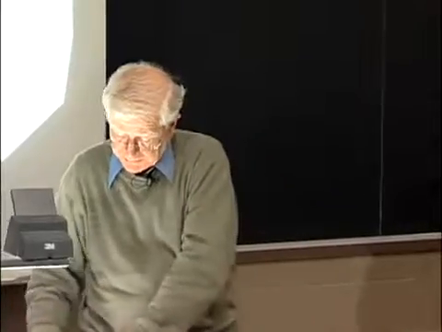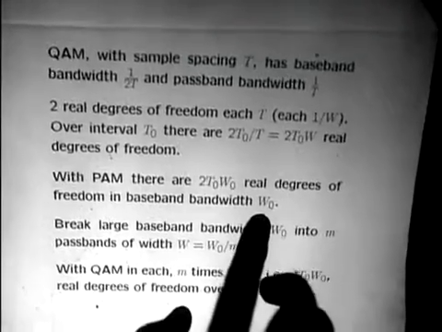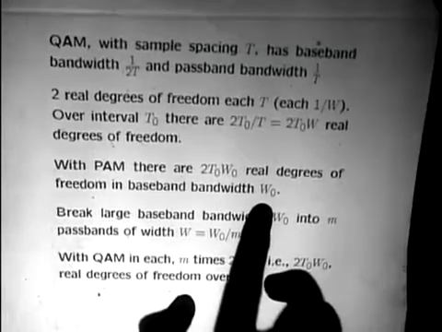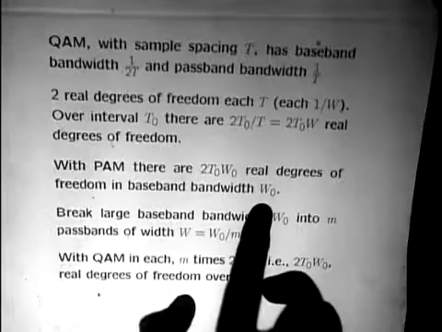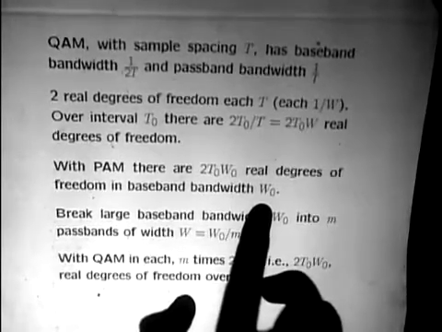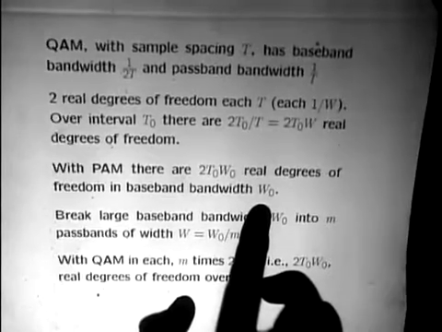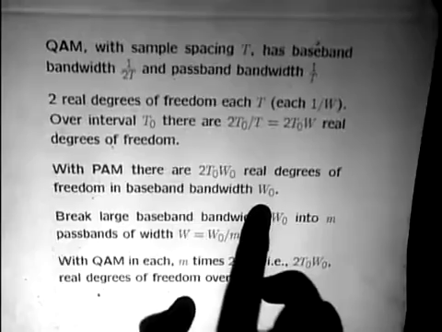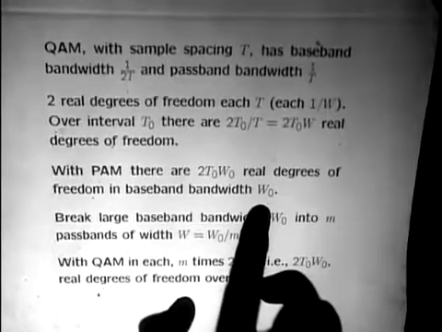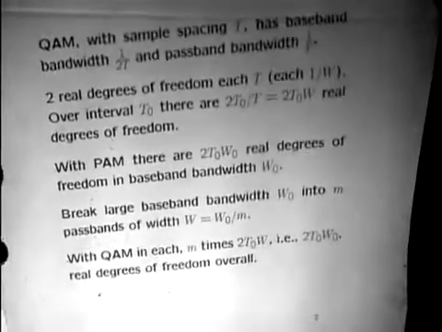And what's the answer? There are 2T0W0 real degrees of freedom in a baseband bandwidth W0. This was what we determined when we were dealing with PAM. It simply corresponded to the fact that the baseband bandwidth was 1 over 2T0. Therefore, we got 2 signals coming in, each 1 over W0. So this was the number of real degrees of freedom we had.